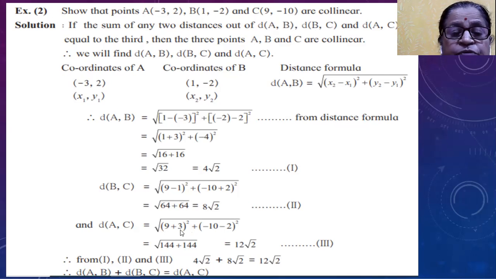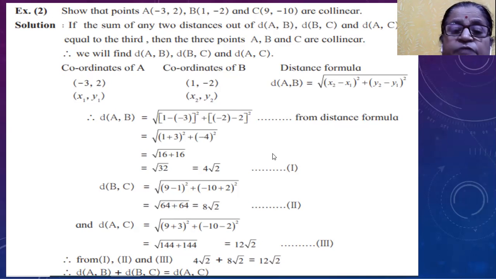Making the addition, 9 plus 3 is equal to 12, 12 square is 144, and 10 plus 2 is 12, 12 square is 144. These two are a pair, so we make a factor of 2 into 12 square, and we get 12 into square root 2.